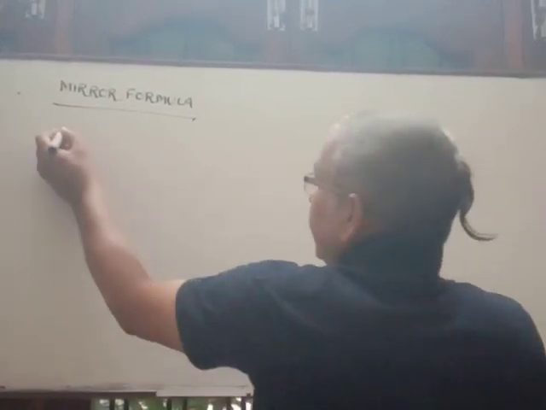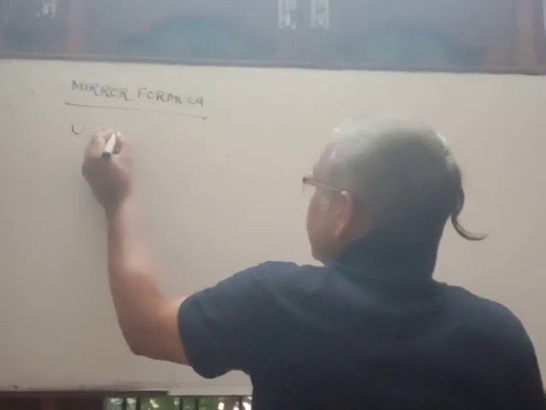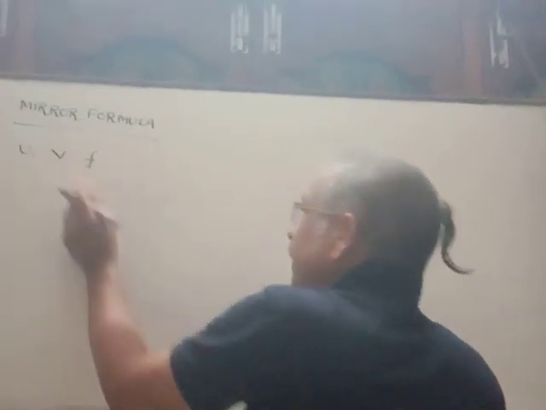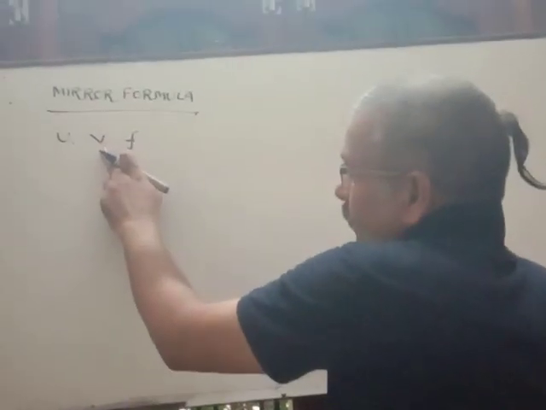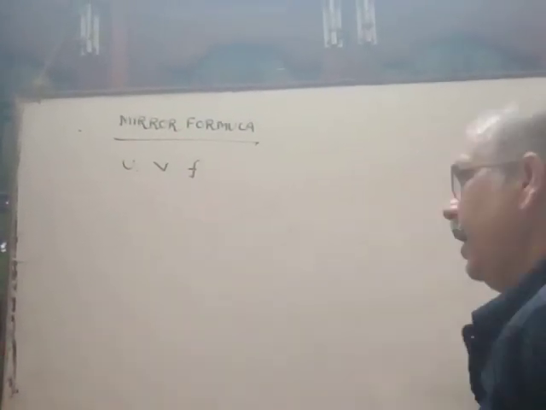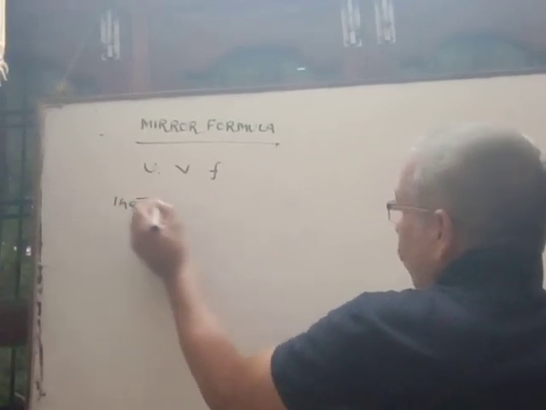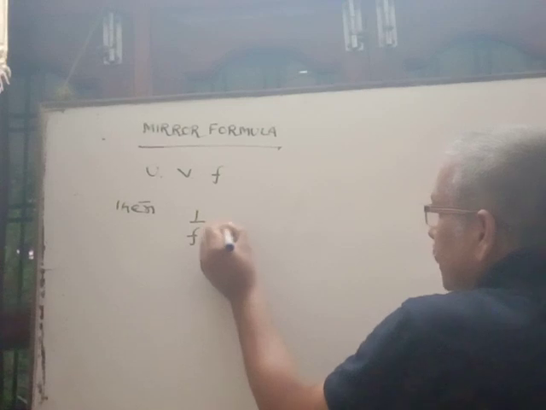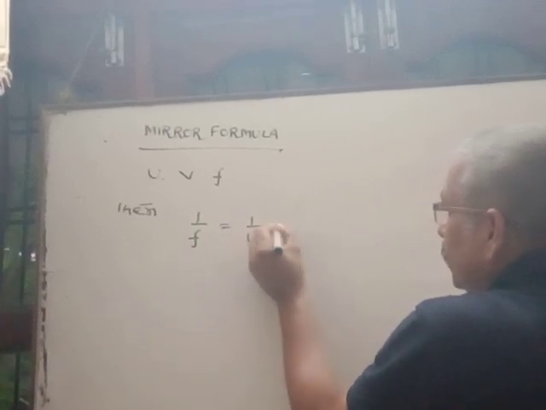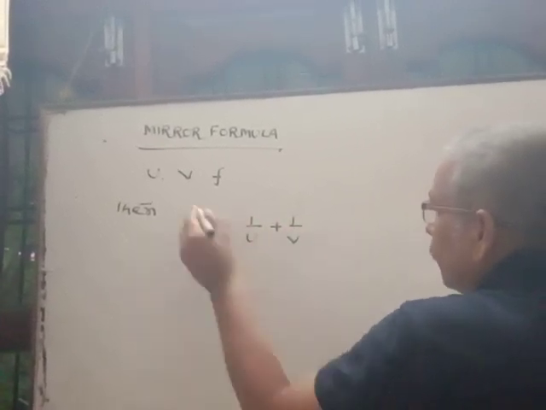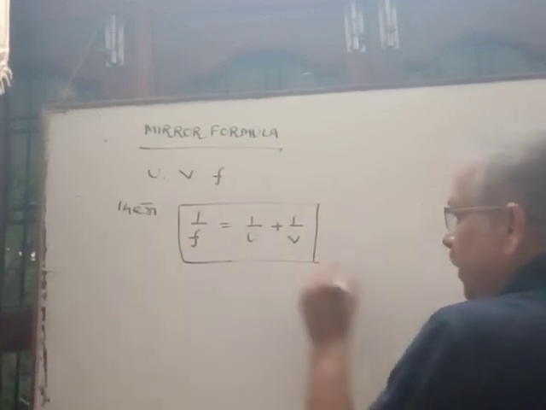The formula which establishes the relation between distance of object, distance of image and focal length of the given mirror is called the mirror formula. If U is the distance of object, V is the distance of image, and F is the focal length of the spherical mirror, then the mirror formula becomes 1 upon F is equal to 1 upon U plus 1 upon V.